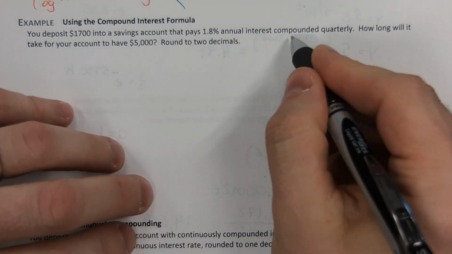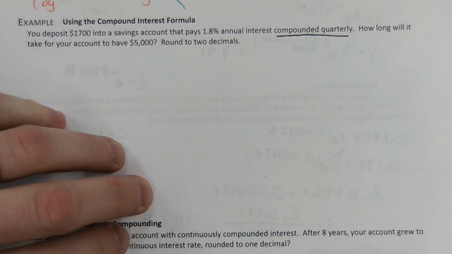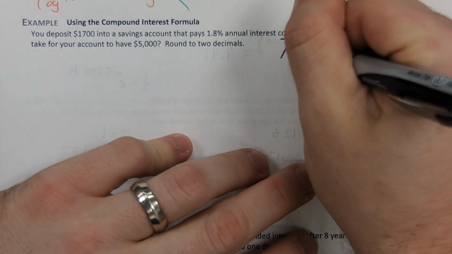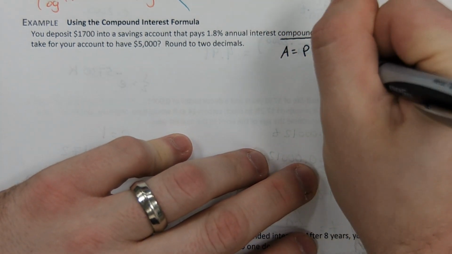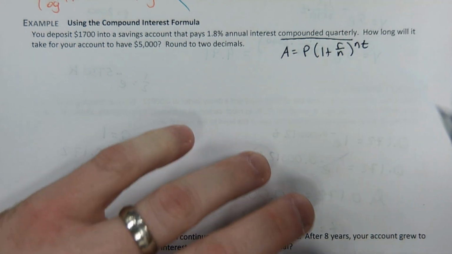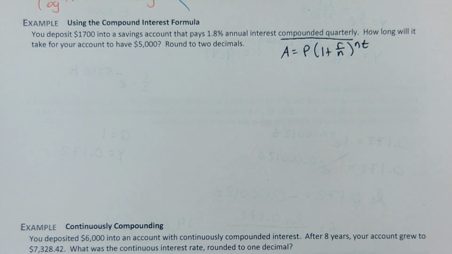The moment you see that you have the word compounded and it doesn't say continuously, you know you're using this formula, where N stands for the number of compounds per year. How long will it take for the account to have $5,000? We'll round to 2 decimals.